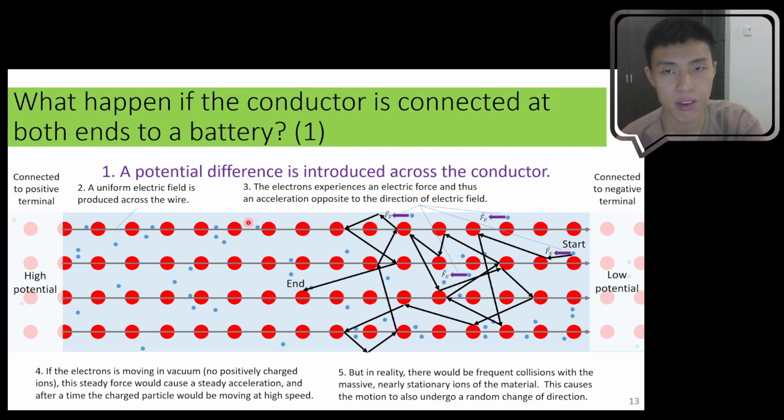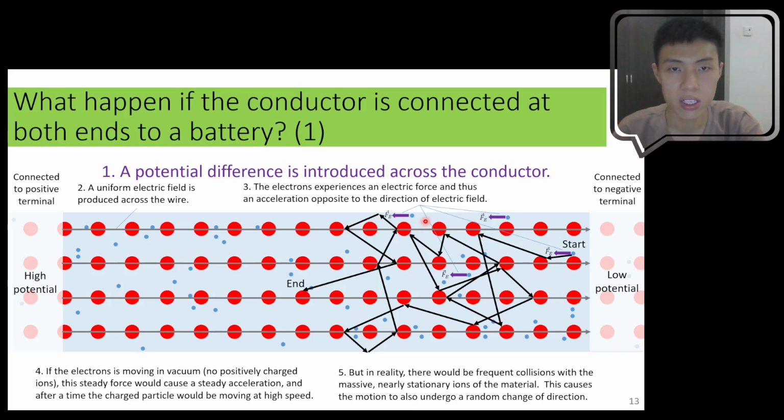So this force to the left will actually cause an acceleration opposite to the direction of the electric field. We know that sum of F is equal to ma. So if this is the force experienced by the electron, the acceleration will be pointing to the left as well. If the electron is moving in vacuum where there's no positively charged ion, just imagine you erase these positive ions, this steady force will cause a steady acceleration, because this force is constant as it's a uniform electric field.